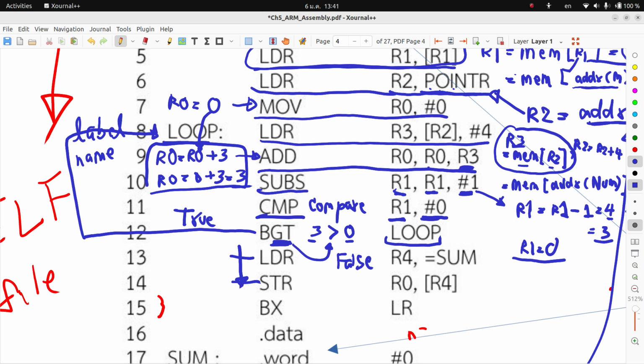Just continue the next instruction. Okay? Continue. All the way to the last instruction, BXLR. And main will finish its execution.